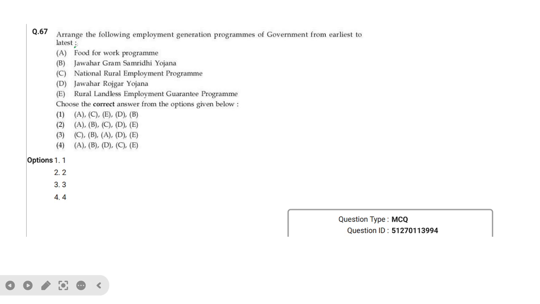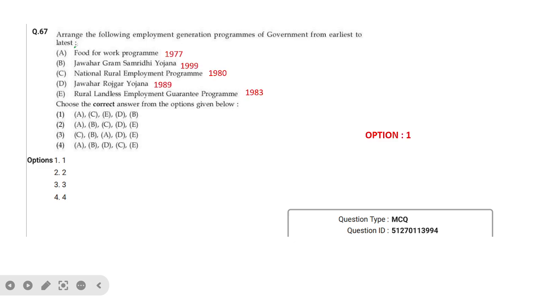Question number 67: arrange the following employment generation programs of government from earliest to latest. Questions related to schemes come up every time. So if you know the years, you can arrange them according to their launching years.